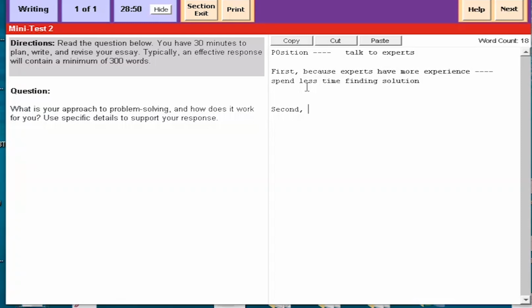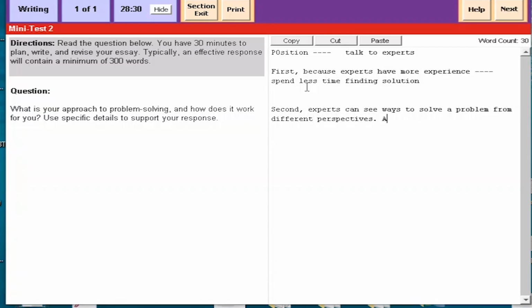Okay, then second, I'm gonna say something like, how does it work for me? Okay, second, experts can see, right? Things, can see ways to solve a problem from different perspectives.